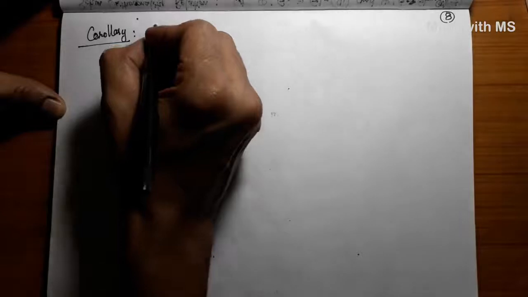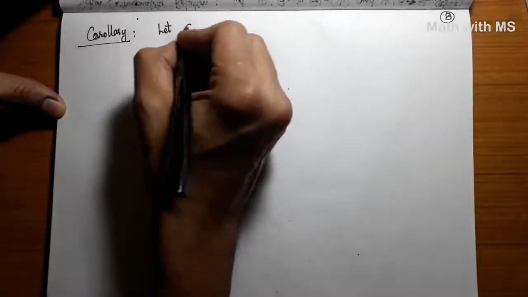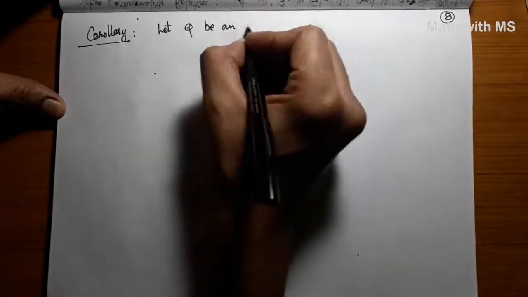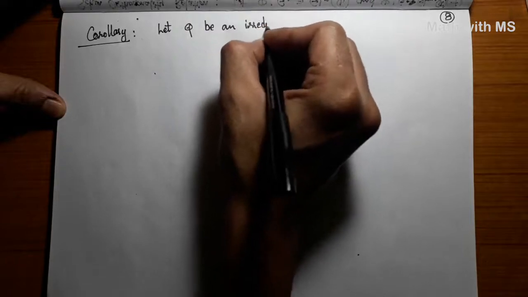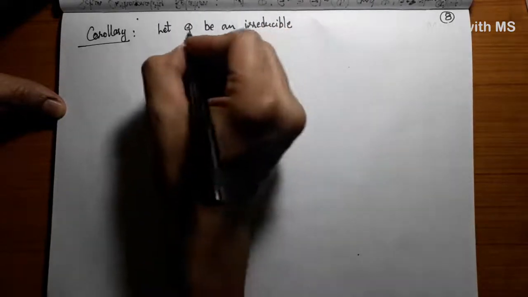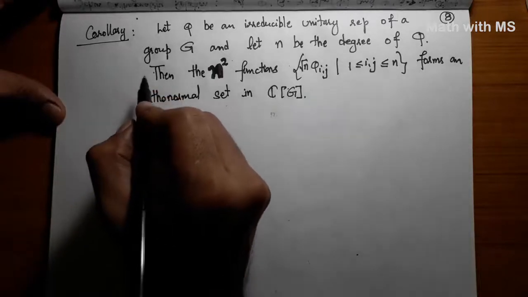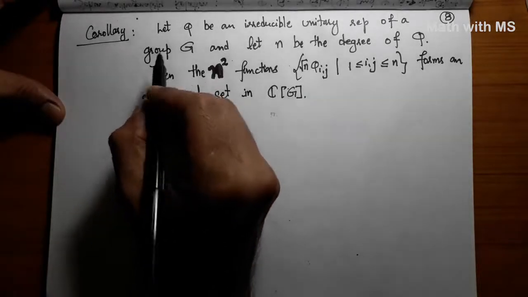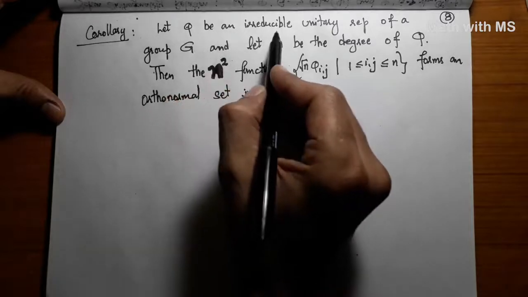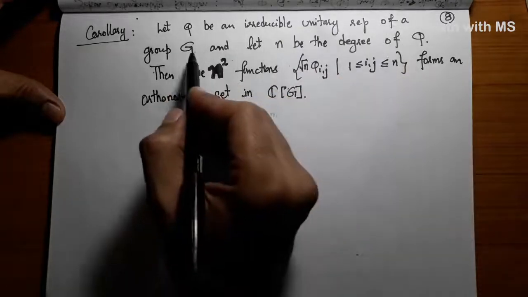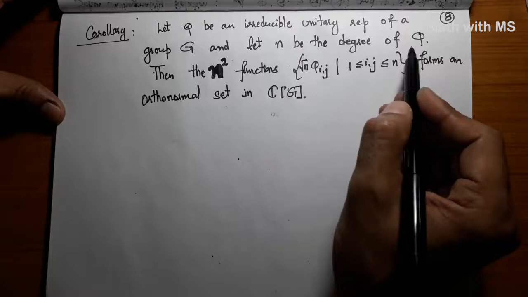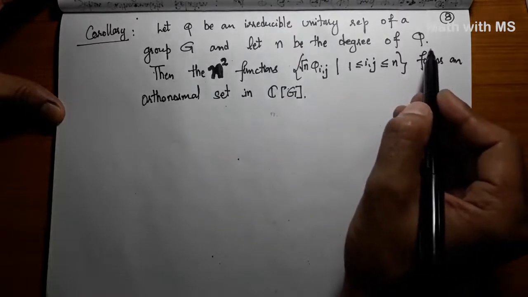Corollary: let us write an interesting consequence of Schur's orthogonality relations. Let phi be an irreducible unitary representation of a group G, and let n be the degree of the representation phi.